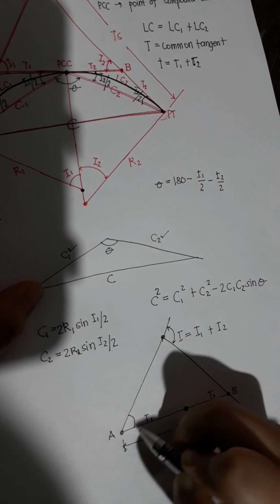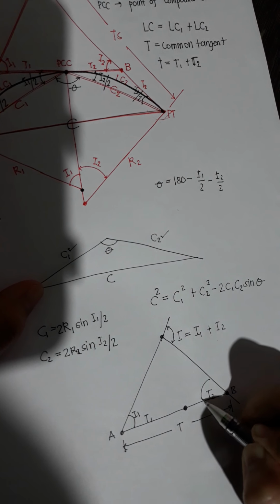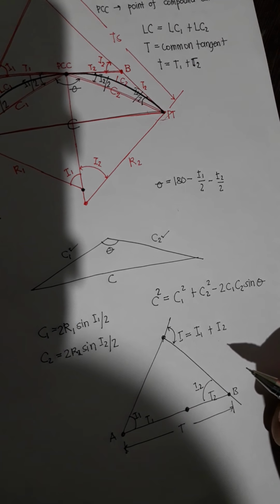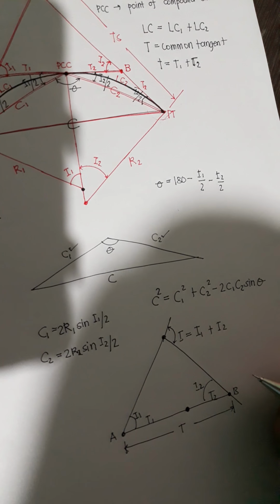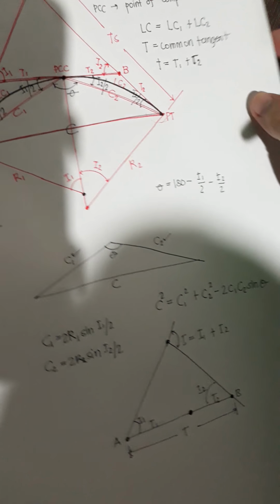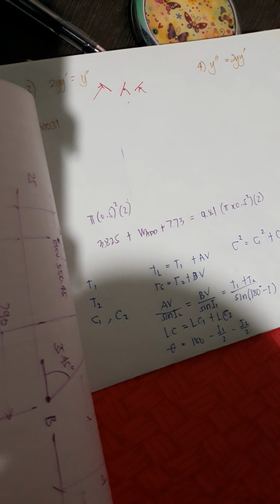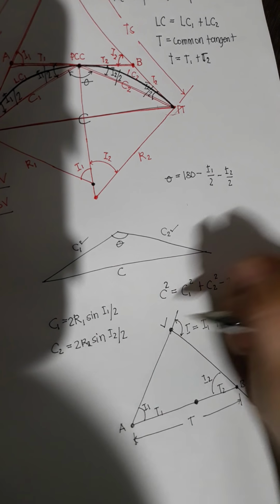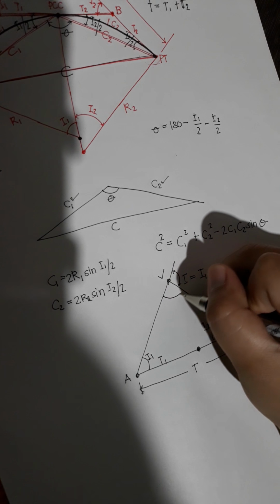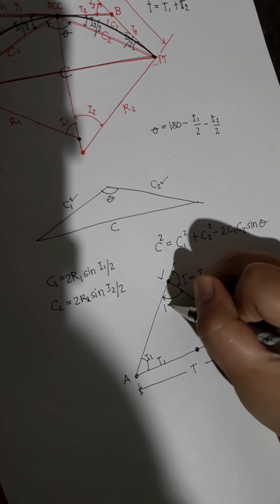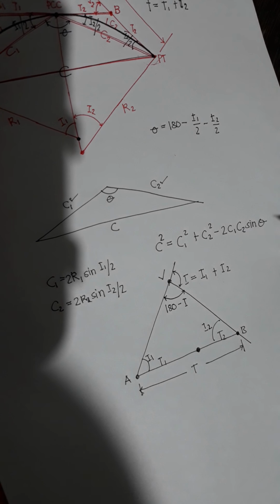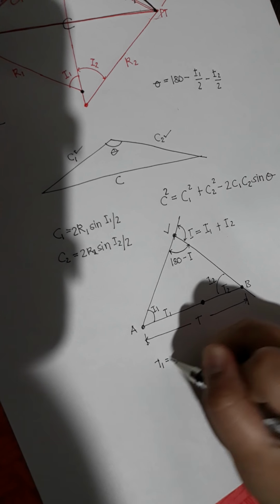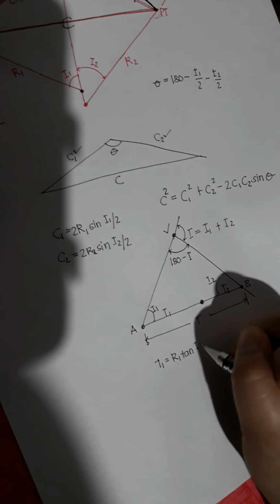Now, this one here is also I1, and the angle here is I2. So, V. The angle here is 180 minus I. Therefore, if we already have T, of course, T1 is R1 tangent I1 over 2.